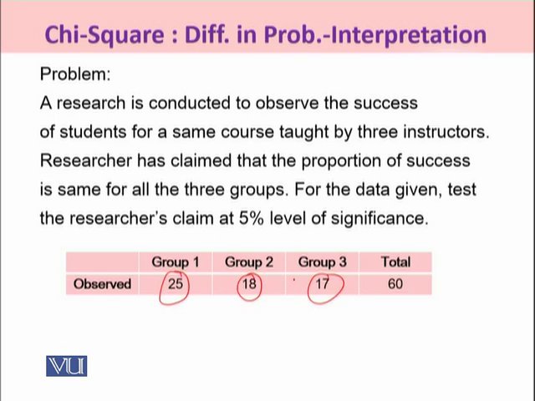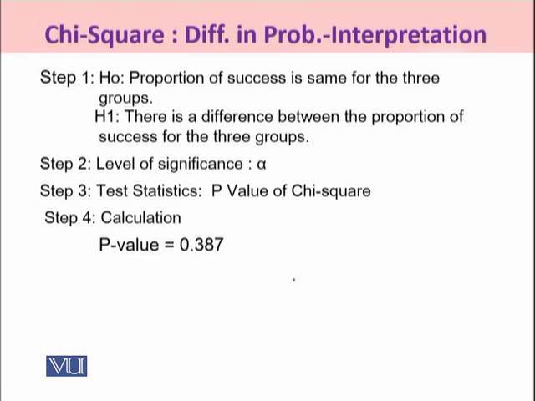So students, you have already learned how to enter the data for this problem into SPSS and how to follow the chi-square procedure. Now we will talk about the results we have obtained in SPSS and how to use those results to test the hypothesis. Step number 1 is the formulation of null and alternative statements.